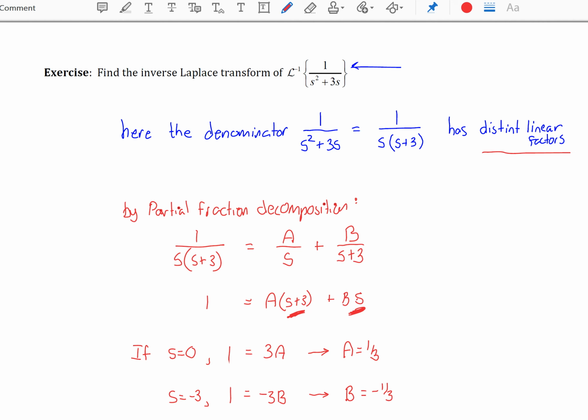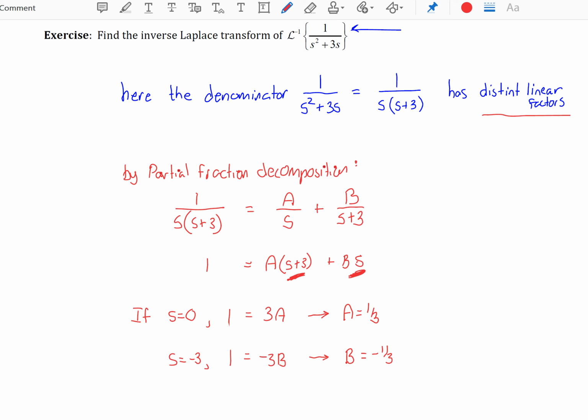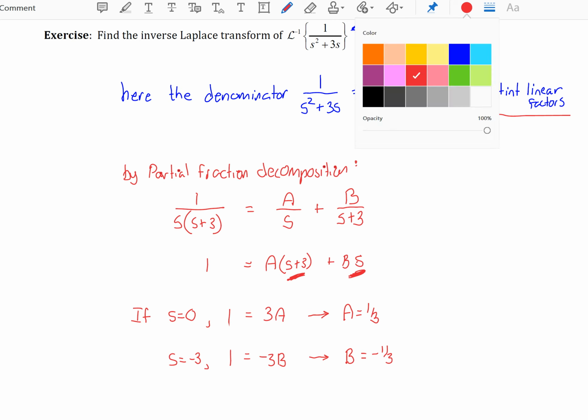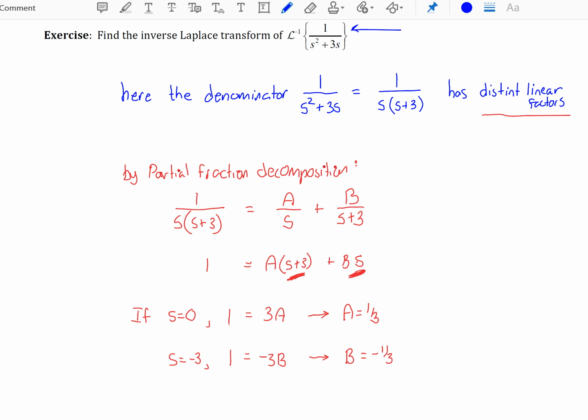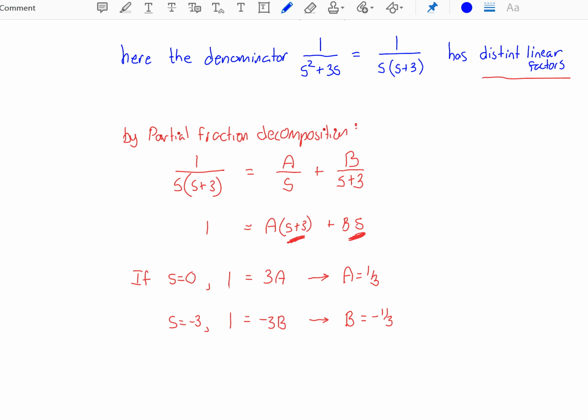So what this allows us to do is rewrite our inverse Laplace transform. Instead of looking at the inverse Laplace transform of 1 over s squared plus 3s, we're now going to look at the inverse Laplace transform of, remember, a, that's the 1/3, so 1/3 over s minus 1/3 over s plus 3.